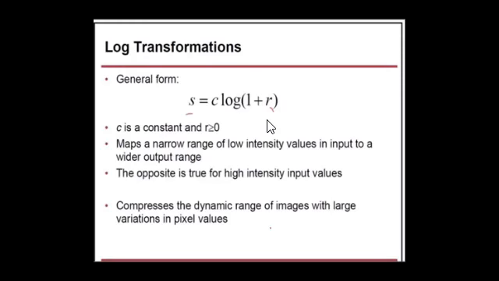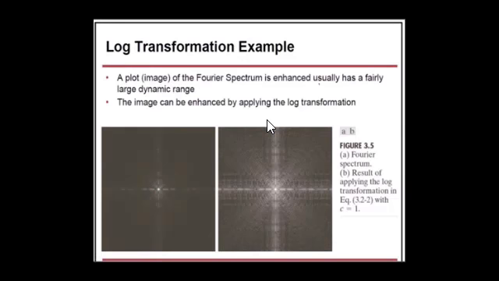So the dynamic range of images with large variations in pixel values can be compressed. See this log transformation example: the Fourier spectrum is a log transformation example.